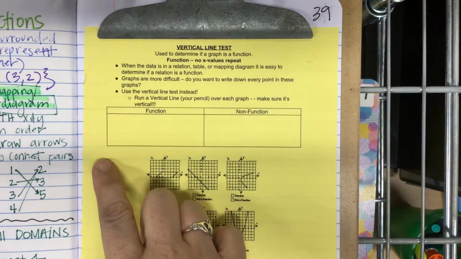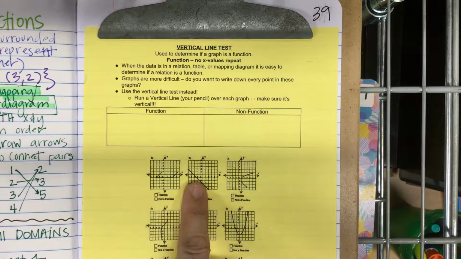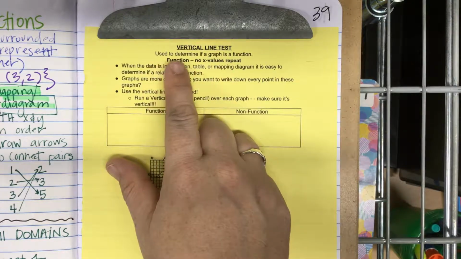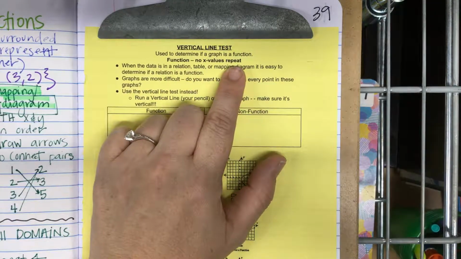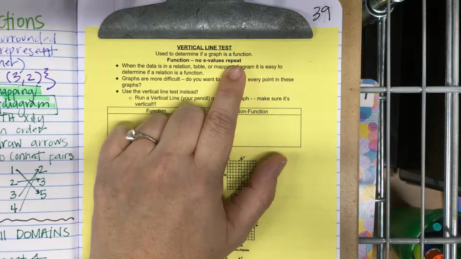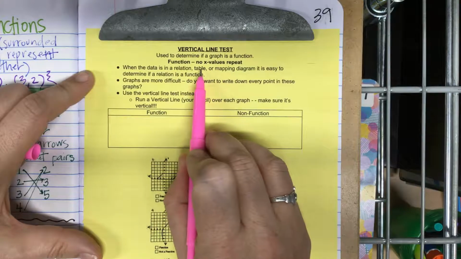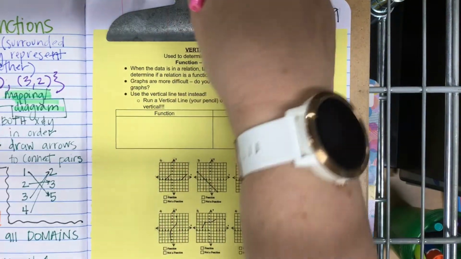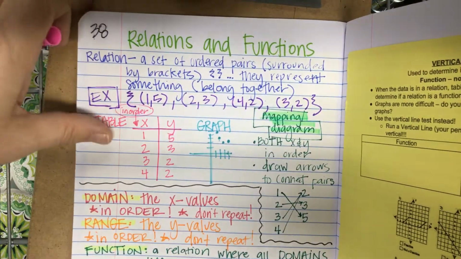So instead of listing out all of the numbers, which would be a huge pain because this is continuous, so there are really infinite answers, right? We use this idea of the vertical line test. Remember that a function is when no x values repeat. So when the data is in a relation or a table or a mapping diagram, it's easy to look and say, yes, it's a function, because all of my values are easy to identify.